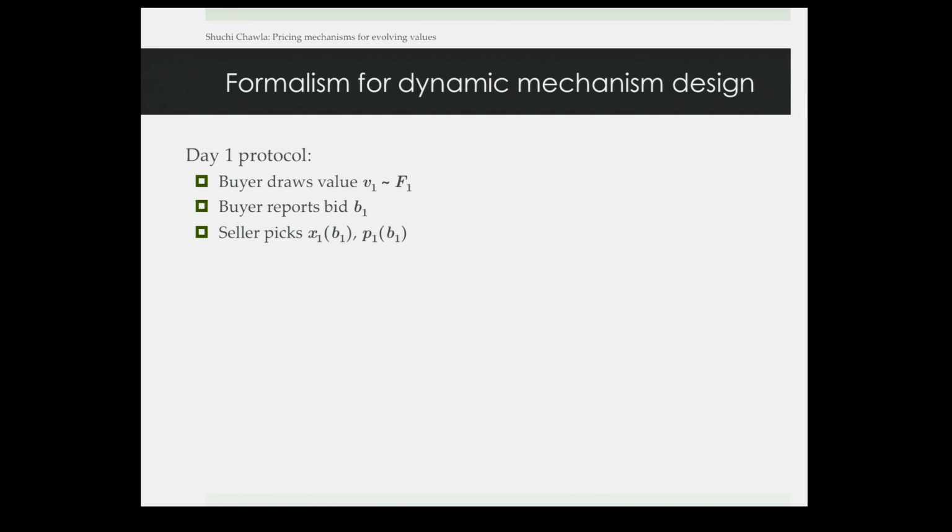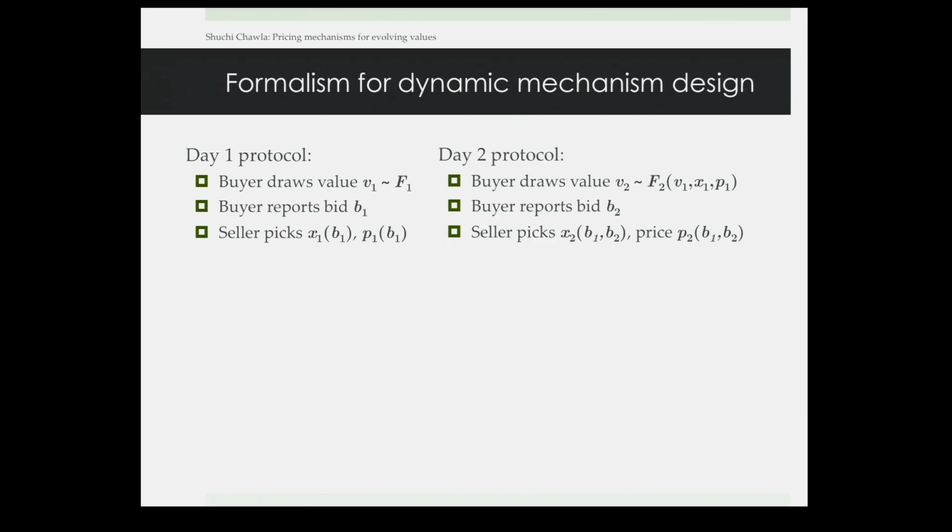So what about the dynamic setting? Well, here again, on the first day, the game plays out in pretty much the same way. The buyer draws a value from the distribution for the first day, reports a bid, and then the seller picks some allocation function, some payment function. Now, the next day, though, the buyer's value might be drawn from a distribution that depends on what happened on the first day.